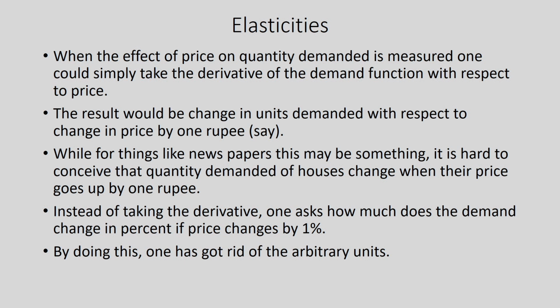Now, here the problem is this: while for things like newspapers this may be meaningful, it is hard to conceive that quantity demanded of houses changes when their price goes up by 1 rupee. Think about it, this is valid for cars also. If the car price rises by 1 rupee, because we are talking about the Indian context, the minimum unit of money, let us take that to be 1 rupee, then the derivative will give you how many fewer cars people are demanding.